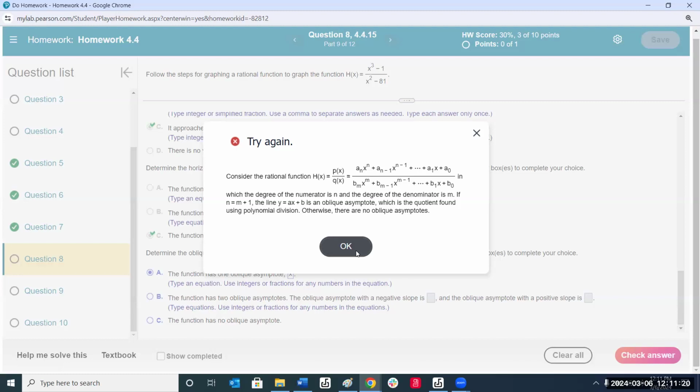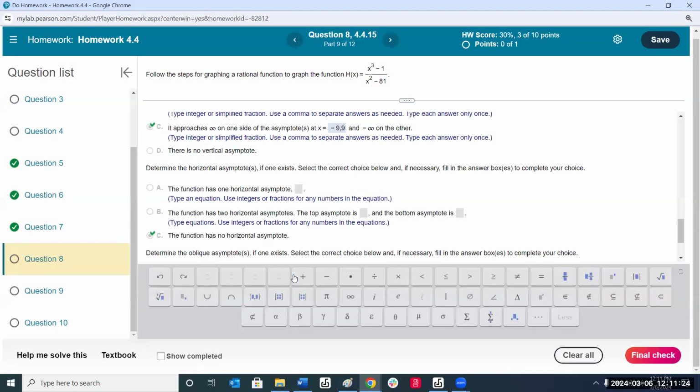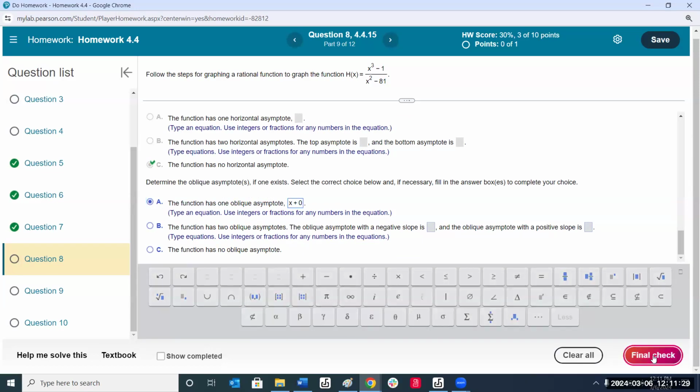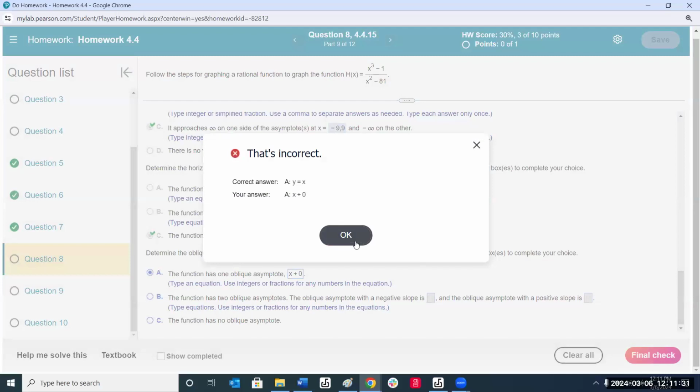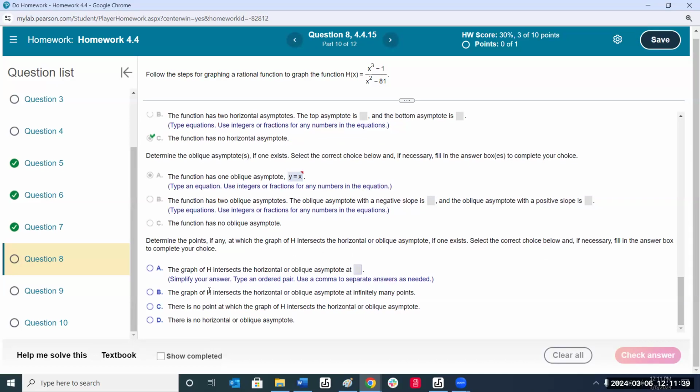Yeah, I did that. Oh, I have to give the equation. Determine the points in which the graph crosses the oblique asymptote.